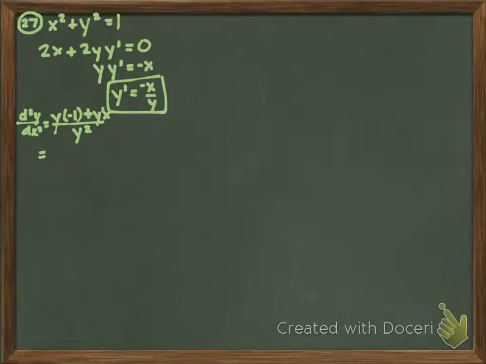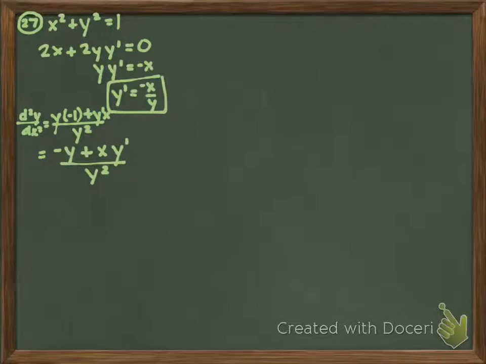So this is equal to negative y plus x y prime over y squared. But it's bad form to leave the y prime in the definition of my second derivative. Because my derivative is already dependent on x and y, I don't want to make a third substitution necessary, right?